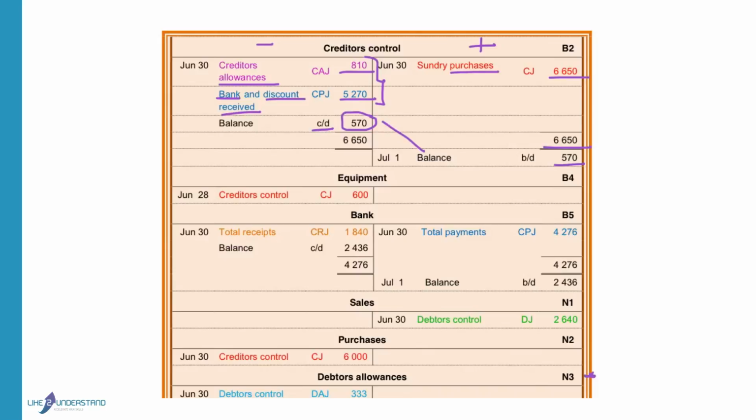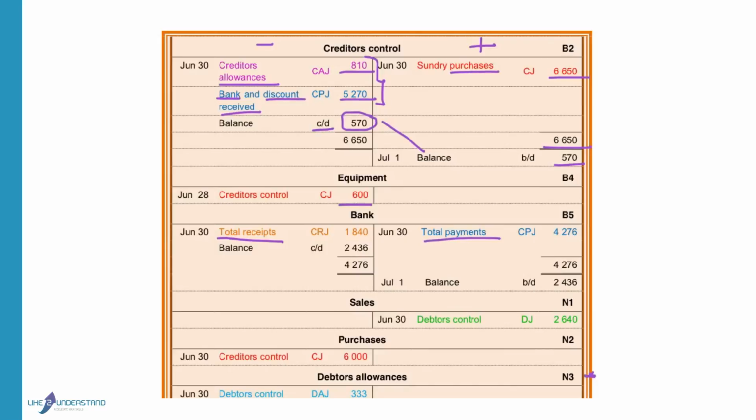If there are only amounts on one side of the account, then you don't add up or work out a balance. That is automatically your balance. In the bank account, you will indicate your total receipts on the debit side, or you can write sundry accounts. And on the credit side, you will show your total payments or sundry accounts.